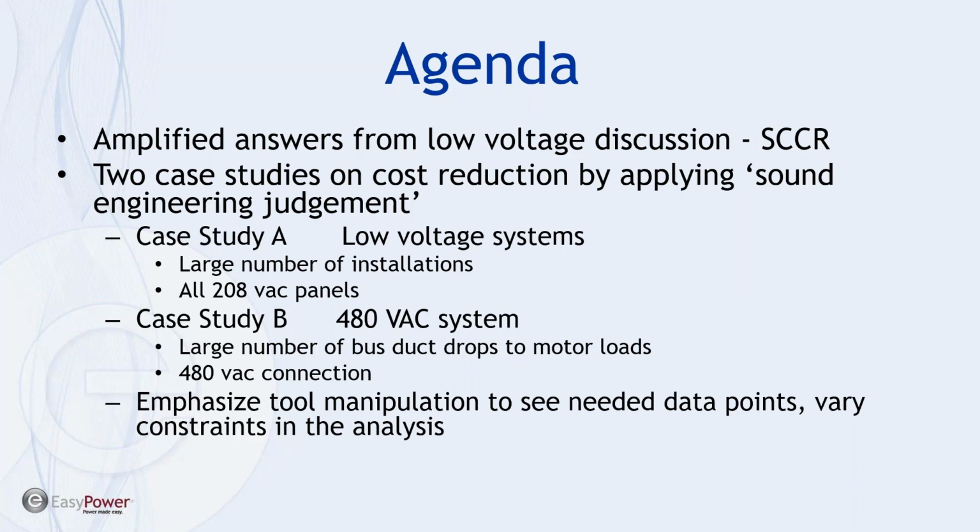The first is the example of a low voltage system which had a large number of installations, all 208 volt panel systems, and the way that they undertook the procedure to reduce the cost of those studies. And then the second one is a 480 volt system which had a large number of motor loads on bus duct drops, and how they dealt with reducing the cost of data collection.